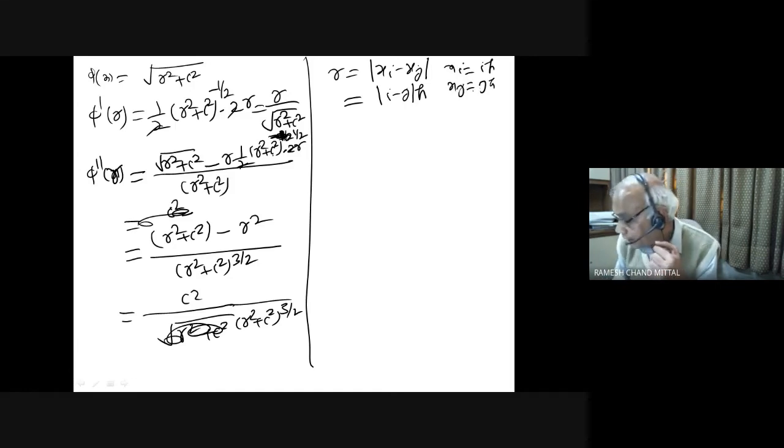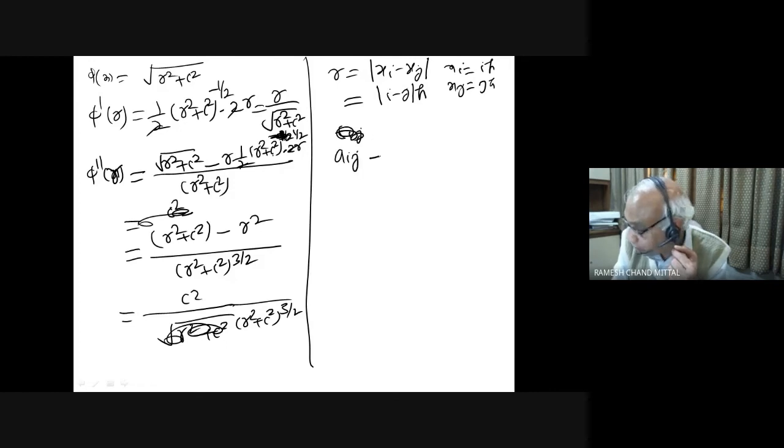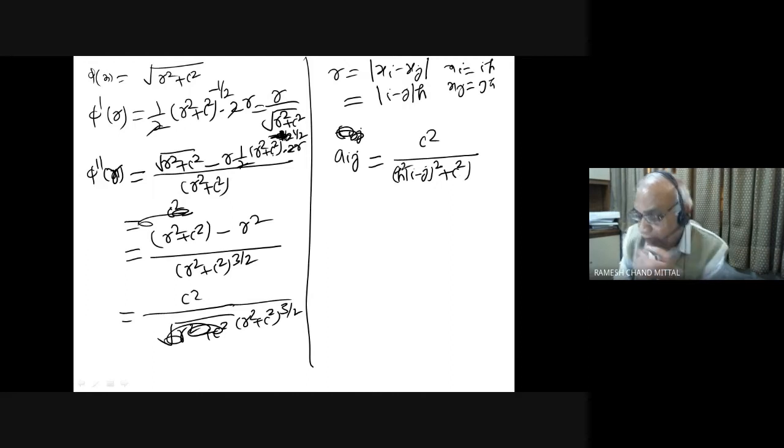Then matrix entry A i j becomes c square upon, h square into i minus j whole square plus c square, to the power 3/2, and this is h square. I hope you understand.